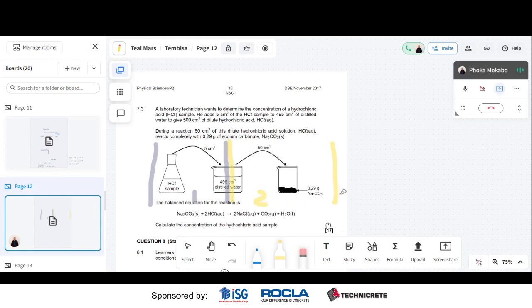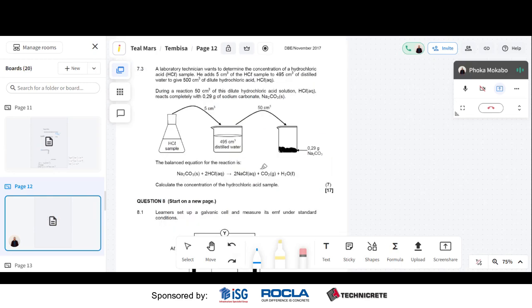Now, a lot of people fail to identify that given that there are two stages, there will be two stages to your calculation as well. Okay, just note that there are two stages to the reaction, so there are two stages to your calculations.